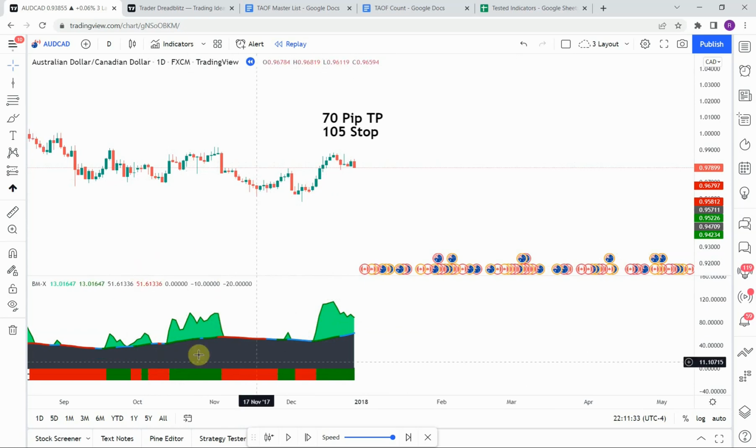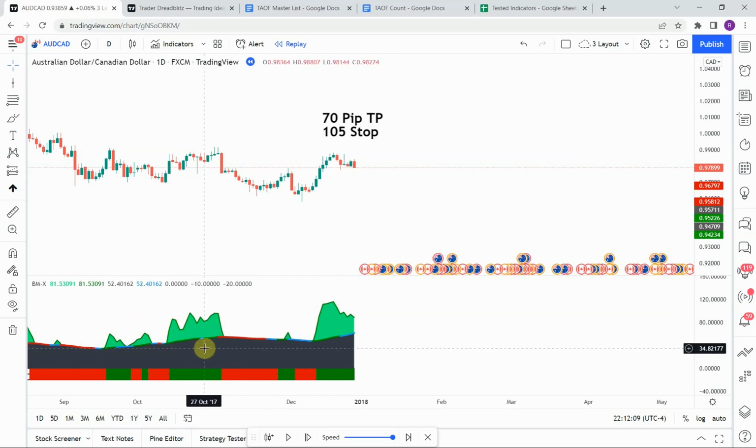The second part that we are looking for is this line right here. It's really hard to see, but right underneath these bull mountains there is a line that switches from green to blue to red and back and forth. That is the other piece of the puzzle that also needs to be in place. That also needs to be green. So we have the green mountain, and then we have the green oscillating line. I forget what that is off the top of my head.